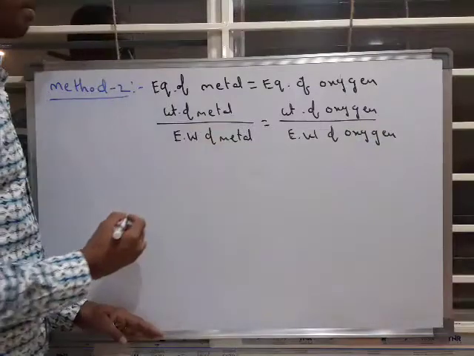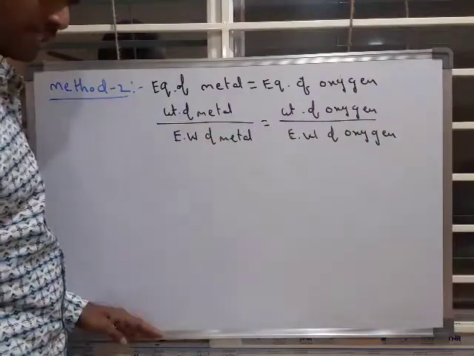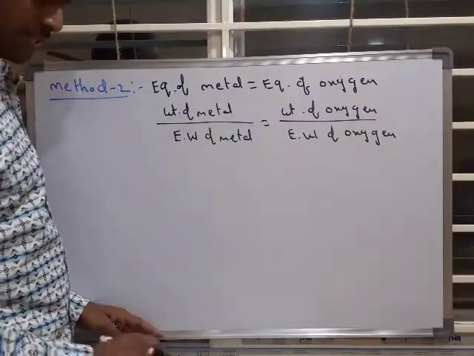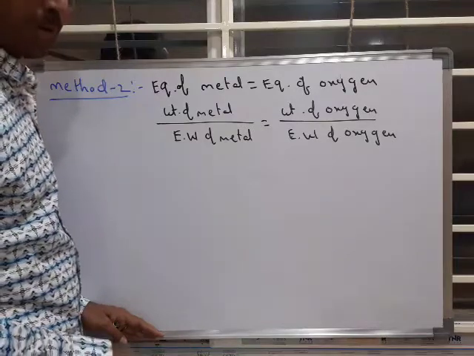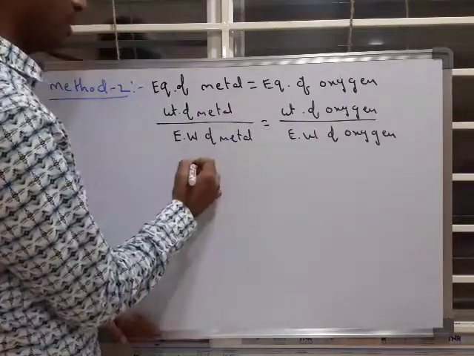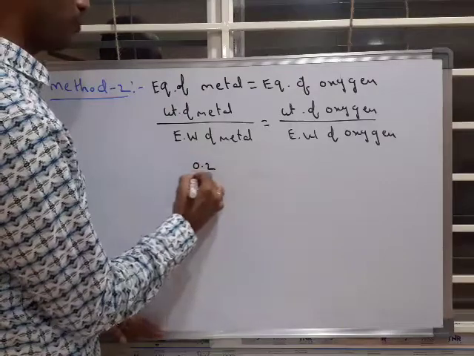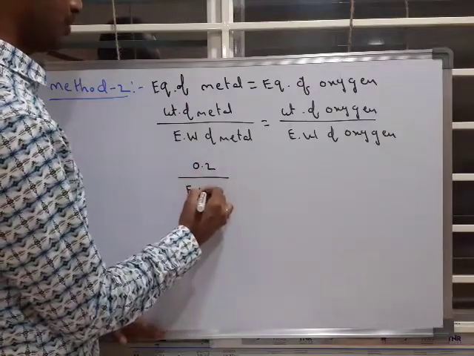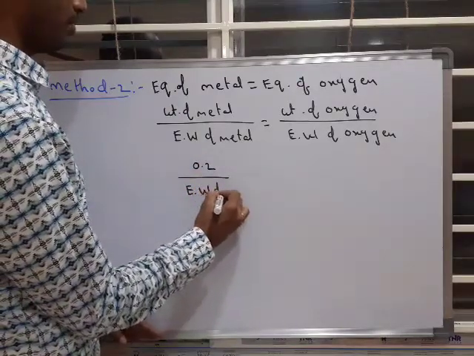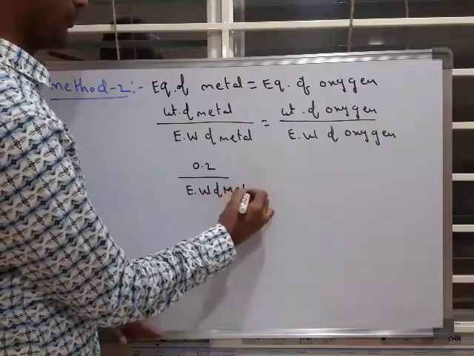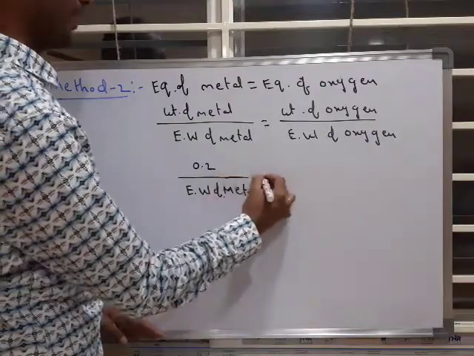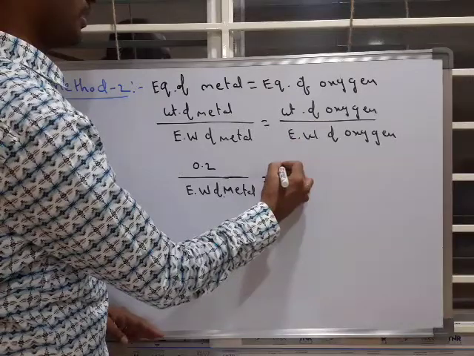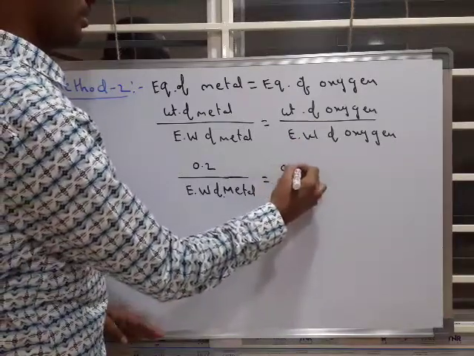So what is the weight of metal? It is given that metal oxide is 1 gram only, and the metal formed is 0.2. So equivalent weight of metal equals, what is the weight of oxygen? 0.8.